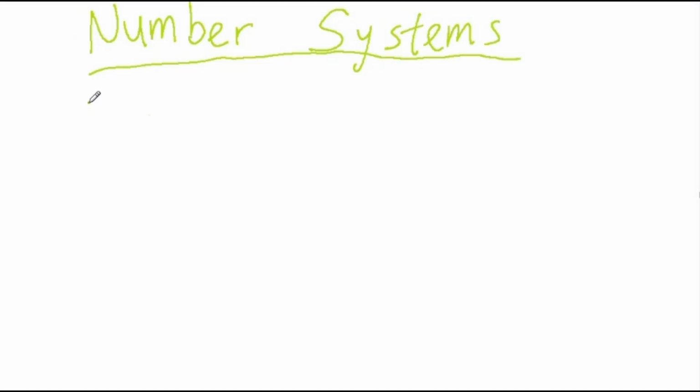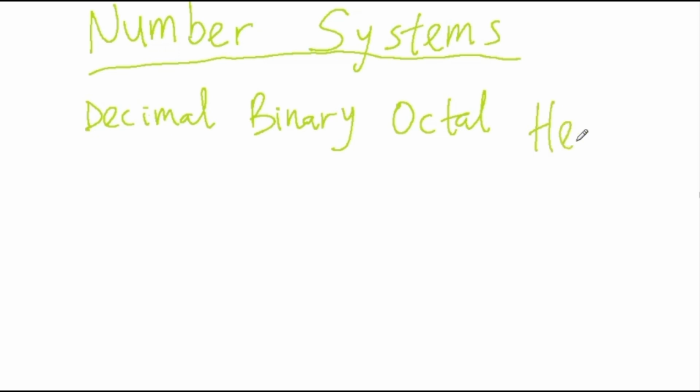So far, we've looked at the decimal number system and the binary number system. And there are two other number systems that are mostly used. We have the octal number system and then the hexadecimal number system. So binary, like I said, has 2 digits because bi means 2.